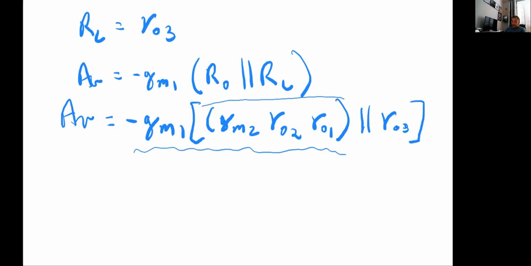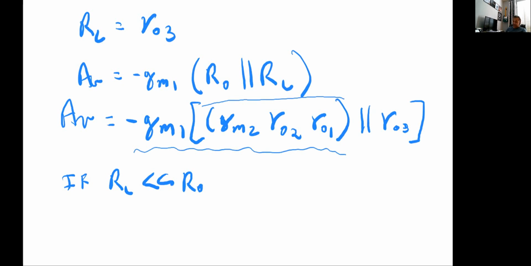Now, I can make my load resistance much smaller than the RO seen by the Cascode, because that's normally what happens, that RL is much smaller than RO. So the RO seen by the Cascode is much larger than the load resistance.